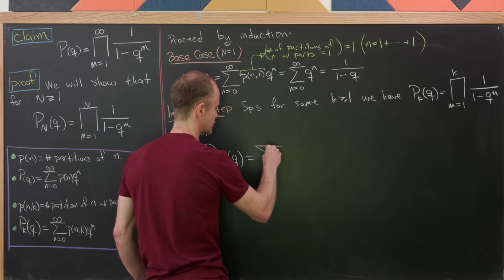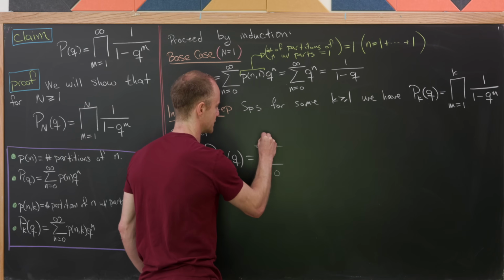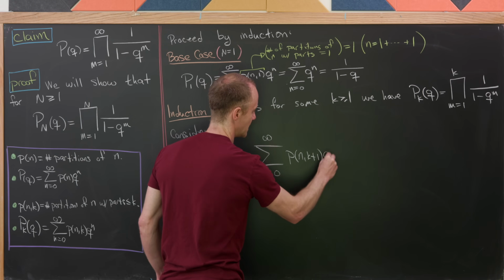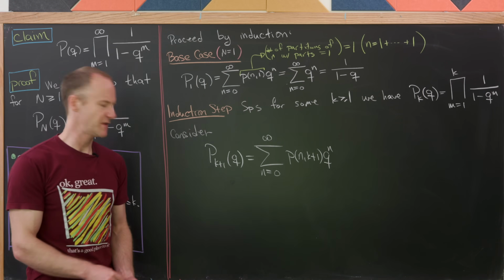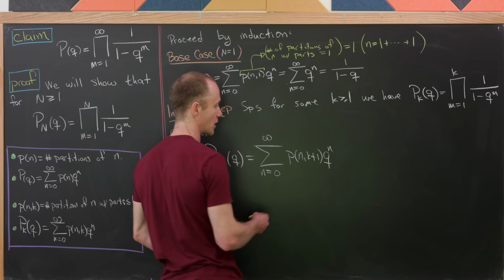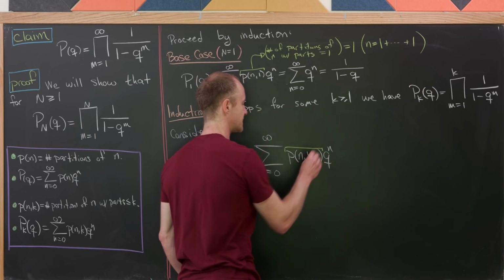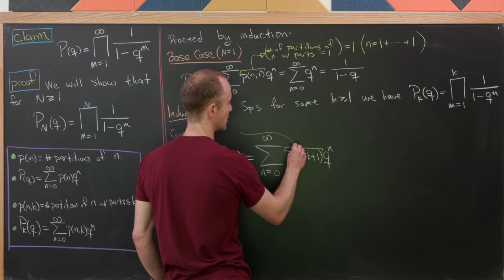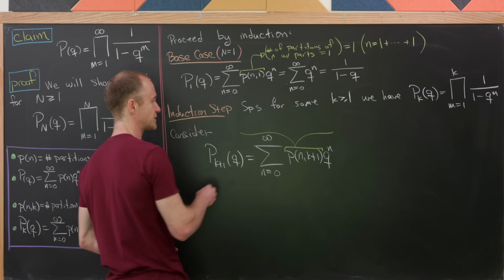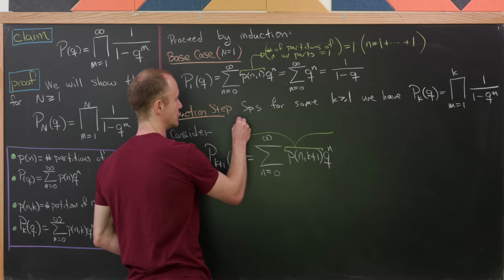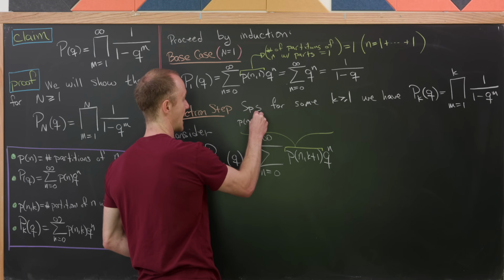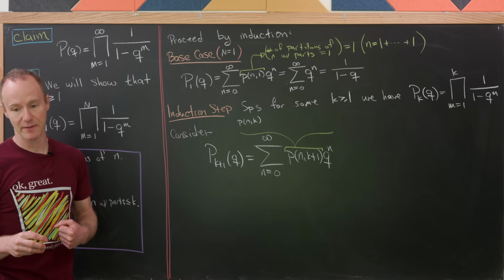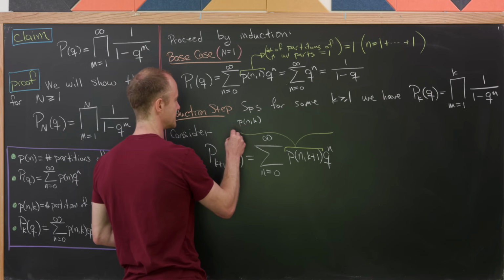And so that's going to be equal to, by definition, the sum as n goes from 0 to infinity of p of n comma k plus 1 q to the n. But then, as we just explored, we know that we can decompose this p of n comma k plus 1 into a bunch of pieces. First of all, we can decompose it into p of n comma k. So this will be if we use the part equal to k plus 1 0 times. So I'll write that here.